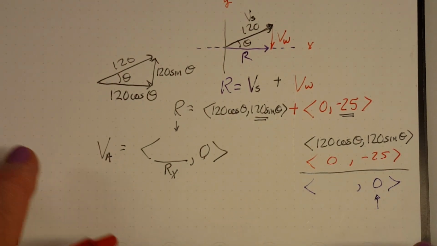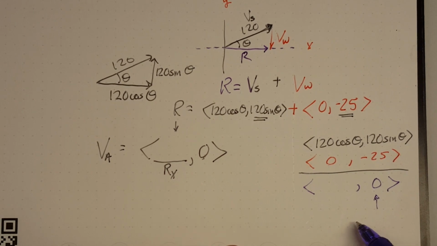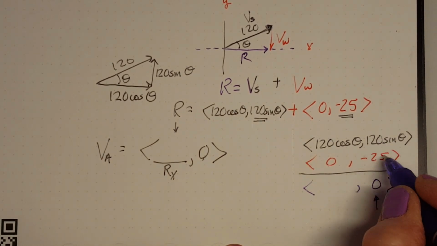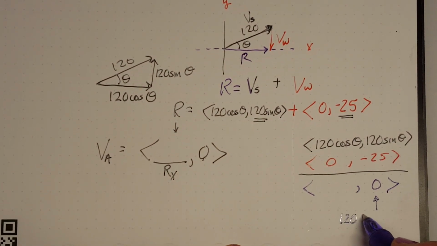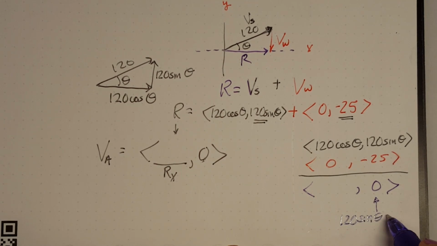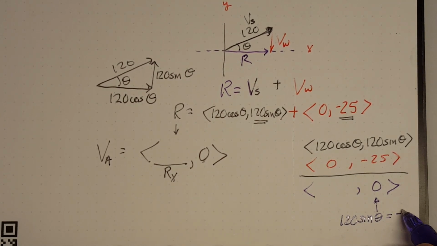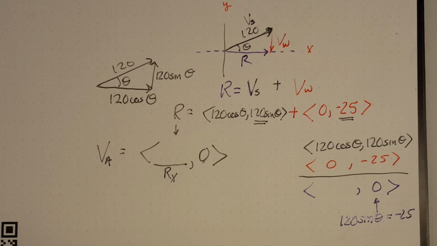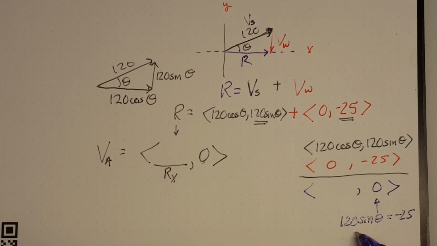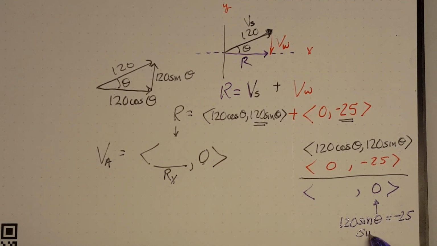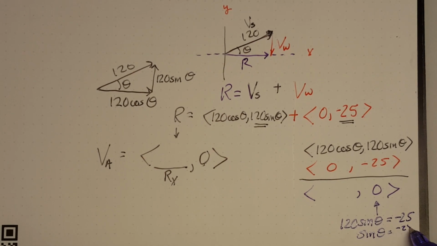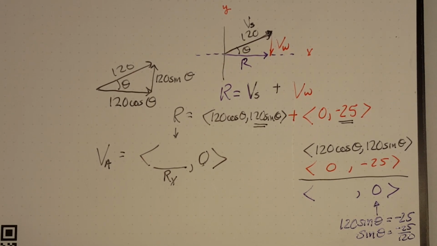And so really, looking at it in terms of this vector perspective, when I add these two up, I get 120 sine of the angle equals negative 25. And so I get the sine of the angle is going to equal negative 25 over 120.